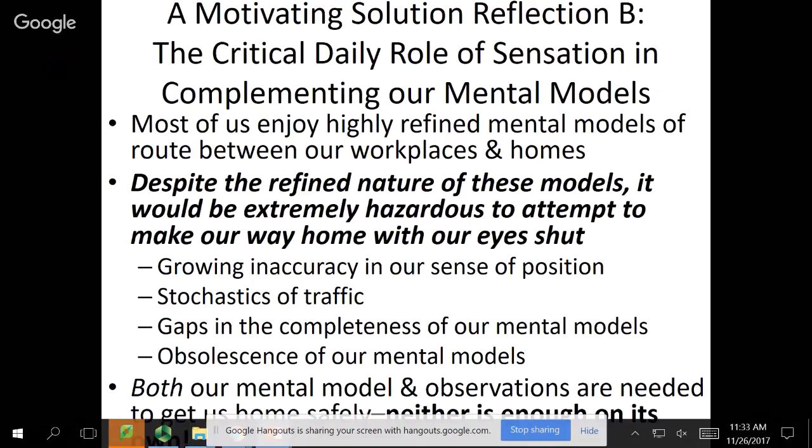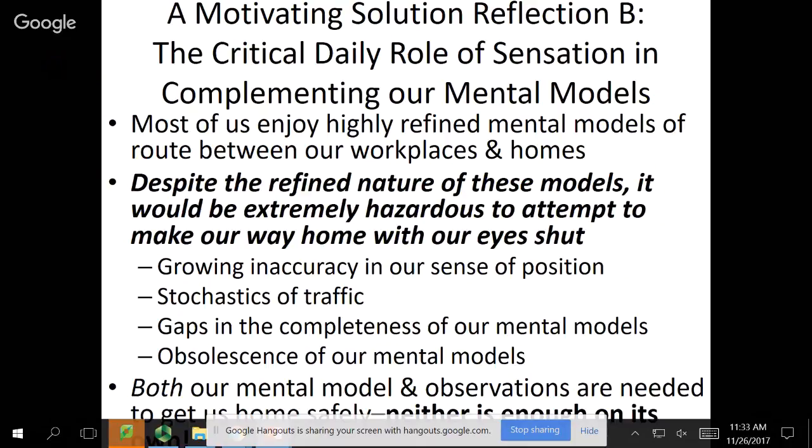If we tried to navigate home with our eyes shut, we'd end up in a world of hurt. We'd end up falling down staircases. We'd end up walking out into traffic when the light doesn't happen to be favorable. We'd end up tripping over curbs. We'd end up running into walls.